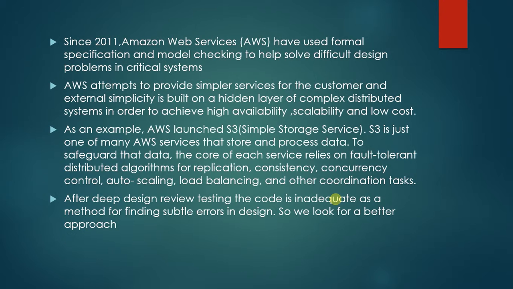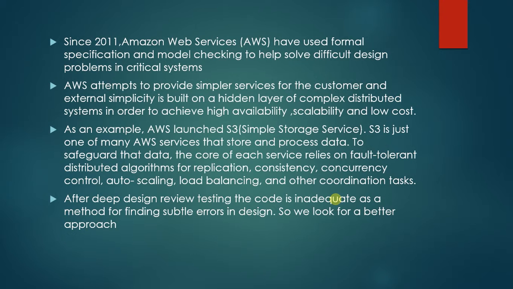Since 2011, Amazon Web Services (AWS) has used formal specification and model checking to help solve difficult design problems in critical systems. Amazon Web Services attempts to provide simpler services for the customer, and external simplicity is built on a hidden layer of complex distributed systems in order to achieve high availability, scalability, and low cost.